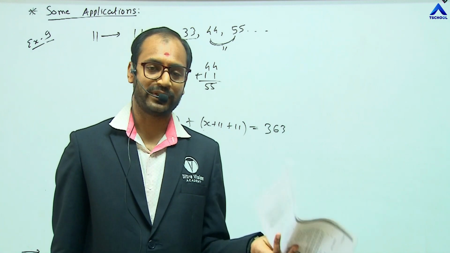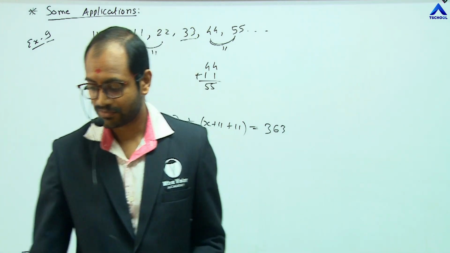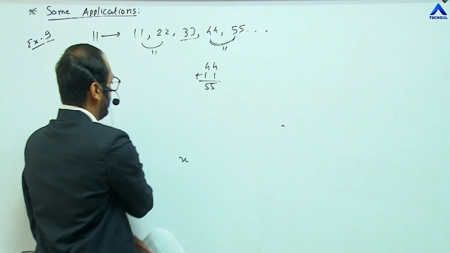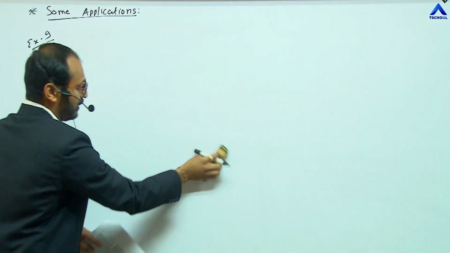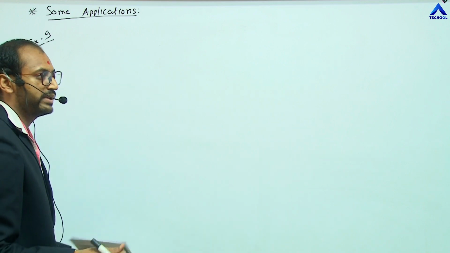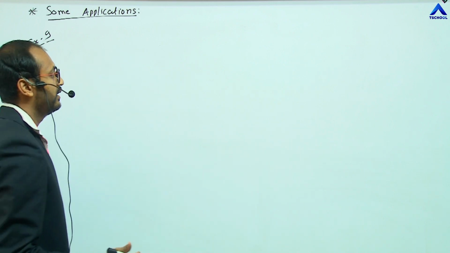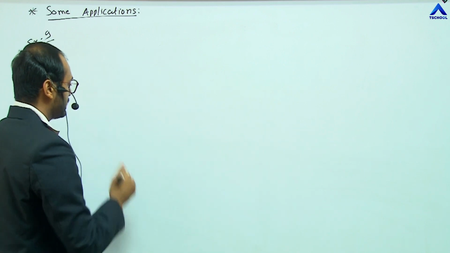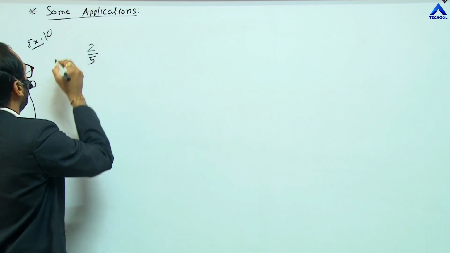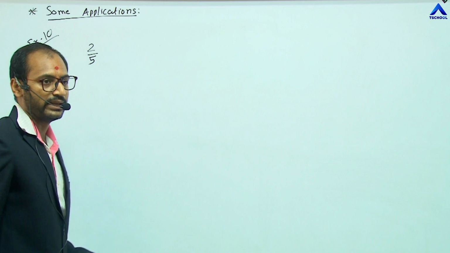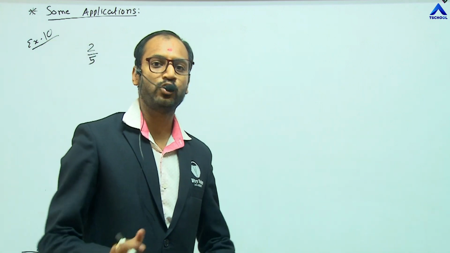What are the two numbers? Let me simplify in short. Here we don't know which two numbers they are, but the ratio of the given numbers is 2/5.